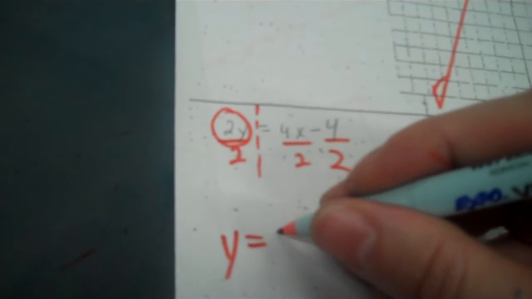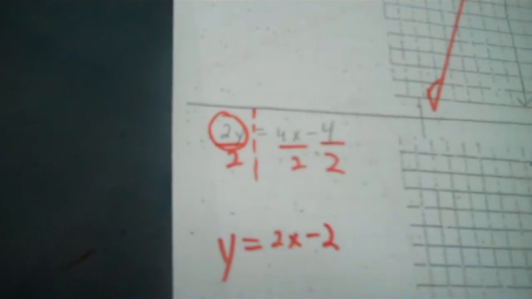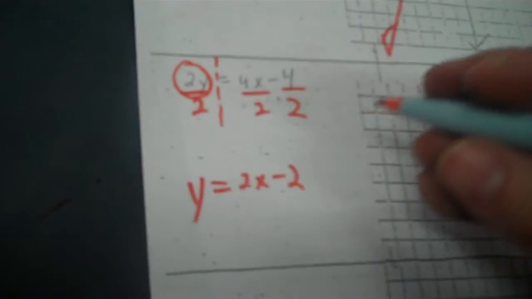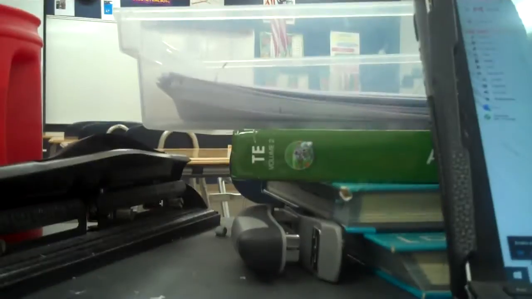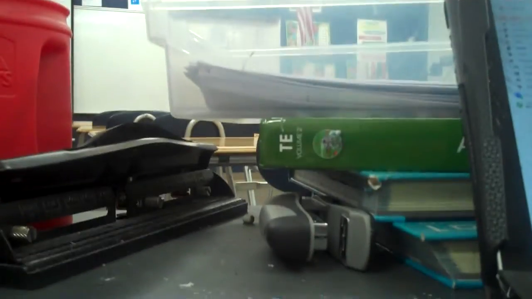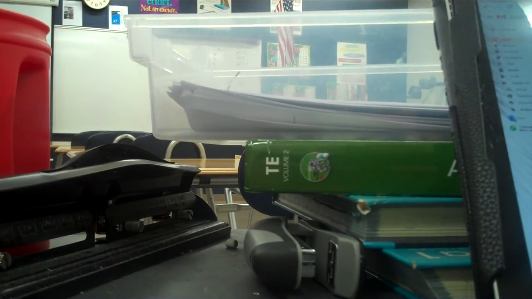So 4 divided by 2 is 2x minus 2. So now I'll make that a 1, so m, and that's b. So minus 2 is my b. And then from there I go up 2, forward 1, up 2, forward 1. Okay, and I'm in like Flynn right there.